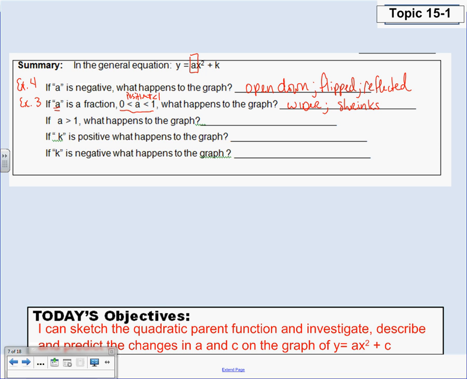If a, again, the number in front of the x squared, is greater than 1, so I'm looking for a positive number greater than 1, this is like example 2, what happened to our graph is our graph got narrower. So narrower, or we can say it was stretched in the y direction.